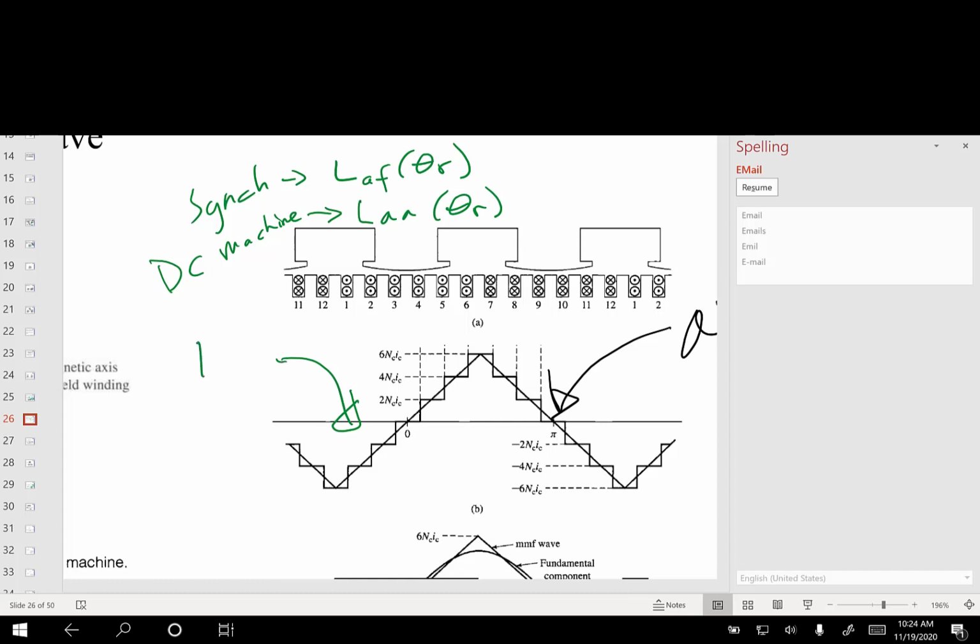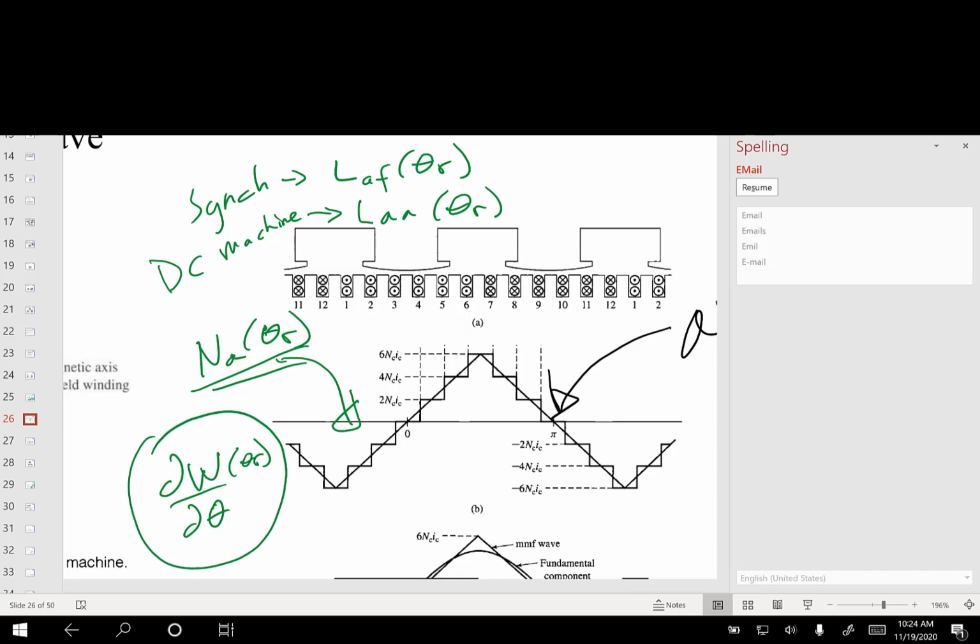So this is the turns function of the armature, and the armature is on the rotor. So the actual mechanism of torque production is happening on the rotor, and so it's a little hard to get your head around it, because if you want to see the torque, the derivative of energy with respect to theta R, you have to put yourself on the rotor and look at it from a rotor perspective.